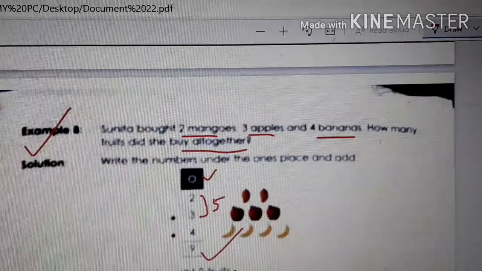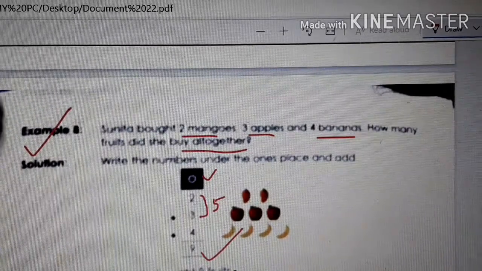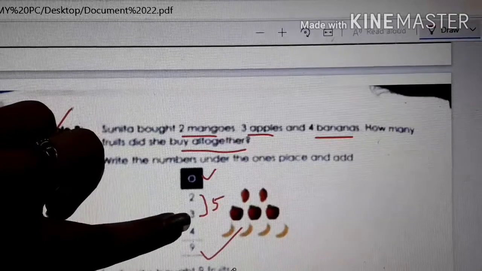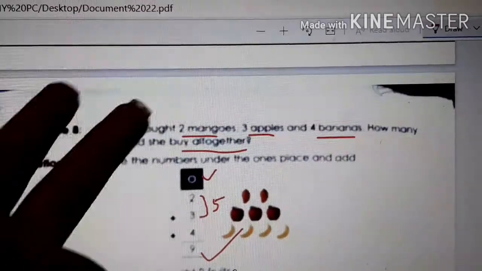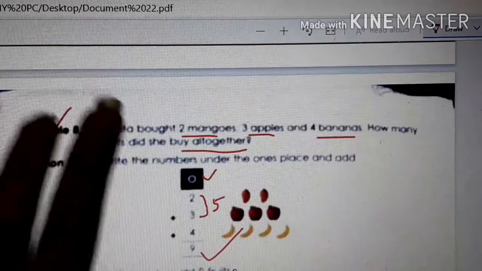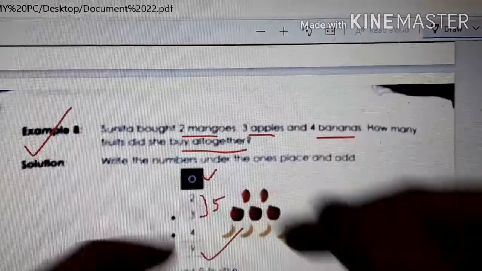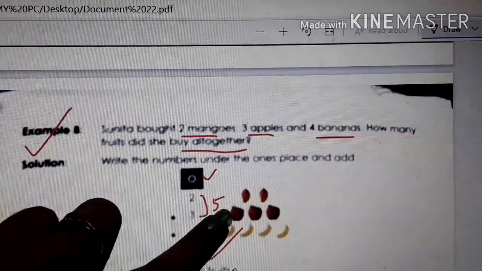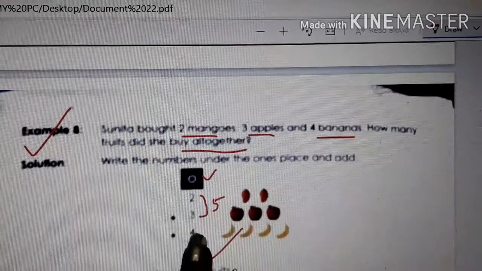This is how we add 3 one digit numbers. First you will add the first 2 numbers. You will keep the bigger number in your mind, then open 2 fingers. Then after 3 you start counting 4, 5. So 2 plus 3 gives 5. Then you are going to add 5 plus 4.